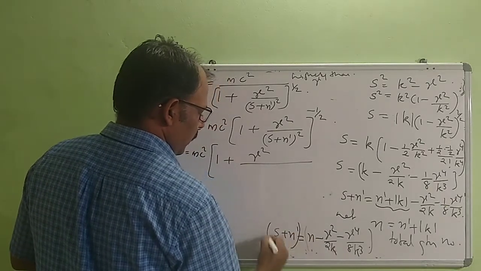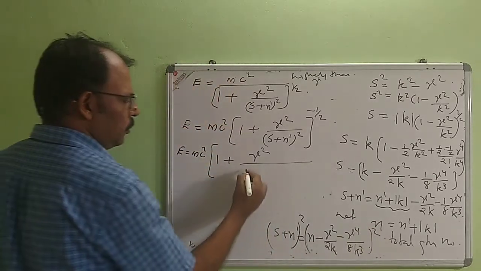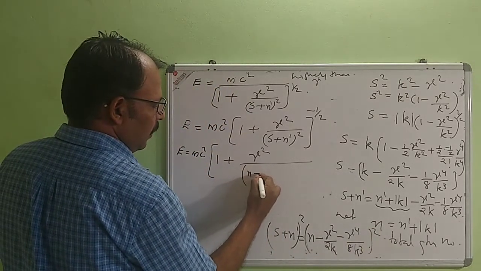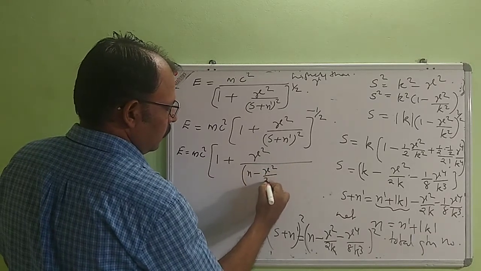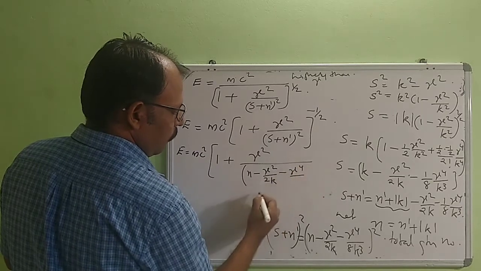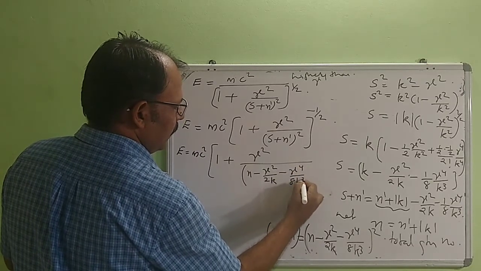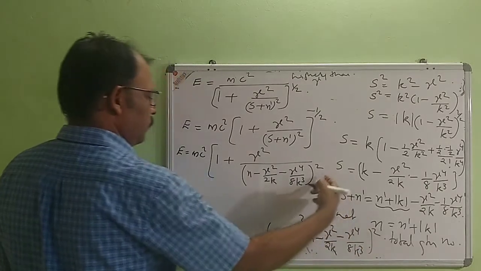So the square of this one, it will be n minus gamma square by 2k minus gamma raised to 4 by 8k cube the whole square. So square of this one.